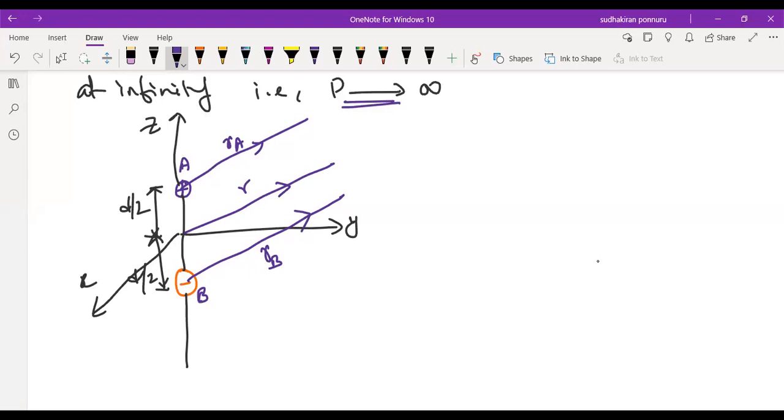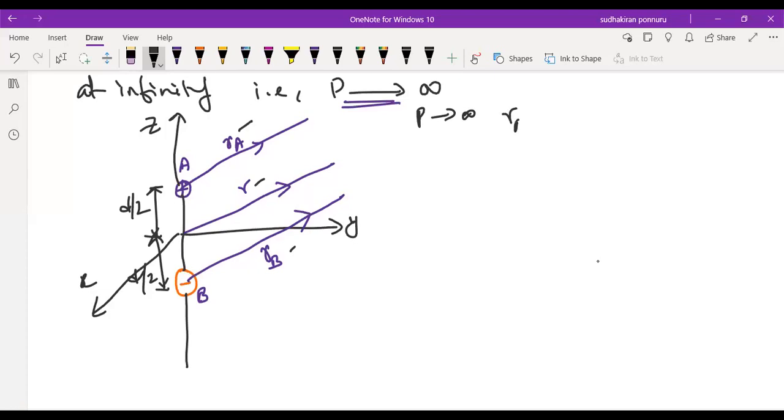Now we are going to have one perpendicular bisector, but before that we are going to talk about the distance vectors RA, RB and R. As P is tending towards infinity, all the lines go towards infinity.